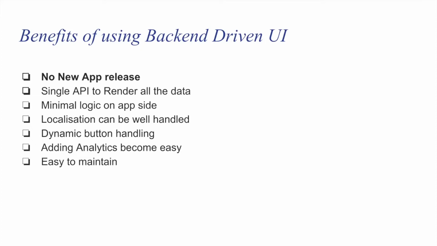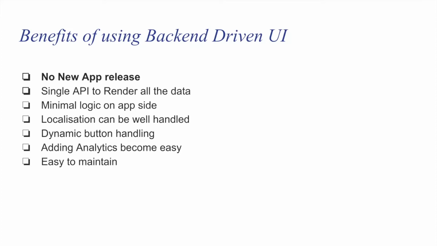We can also handle dynamic button handling. Suppose we have rendered all the data on the home screen. Now we want to go from one screen to another screen. So how would we do it? We can simply add some links, called deep links. On tapping any button, for example on one CTA or button, we can say this is a search screen.